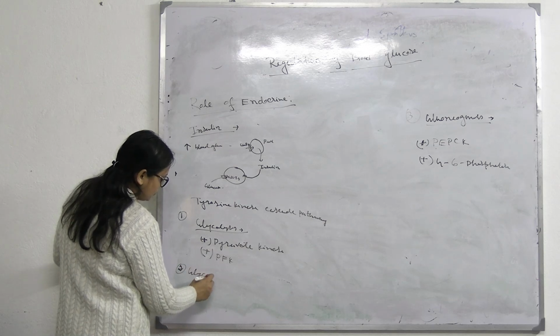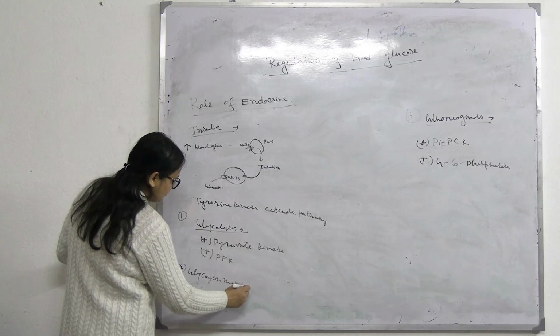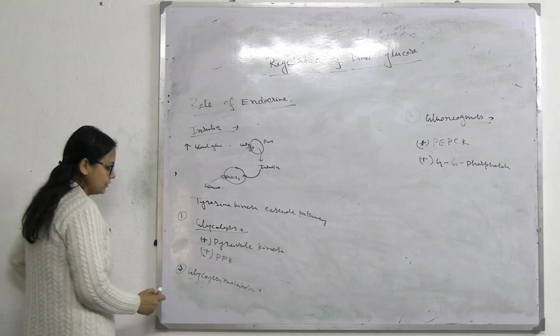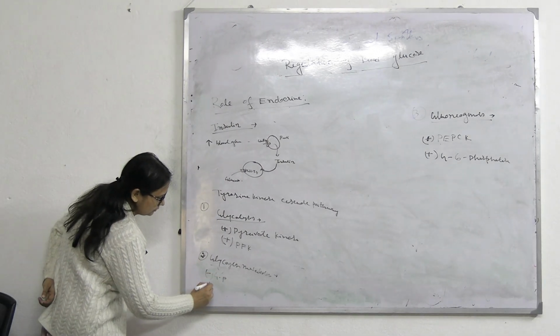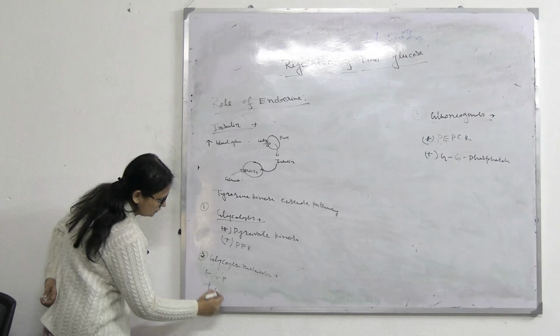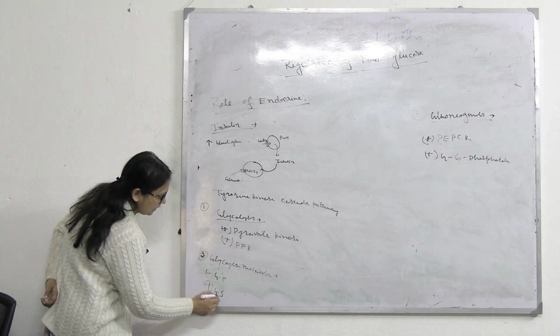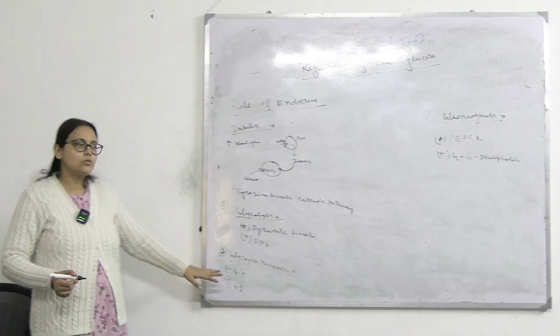Then in case of glycogen metabolism, this is opposite to glucagon action. That means GP will be inhibited. GP means glycogen phosphorylase, and glycogen synthase will be activated, just opposite to glucagon. Okay.